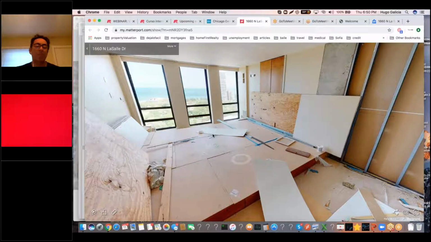If there's a big project in the building, let's say they need to replace the lift, the elevator, or they need to do some big construction job in the building, guess what? They will have what's called a special assessment. So they're going to split the cost of the project among all the units. Okay, so that is why getting into condos is extremely risky.